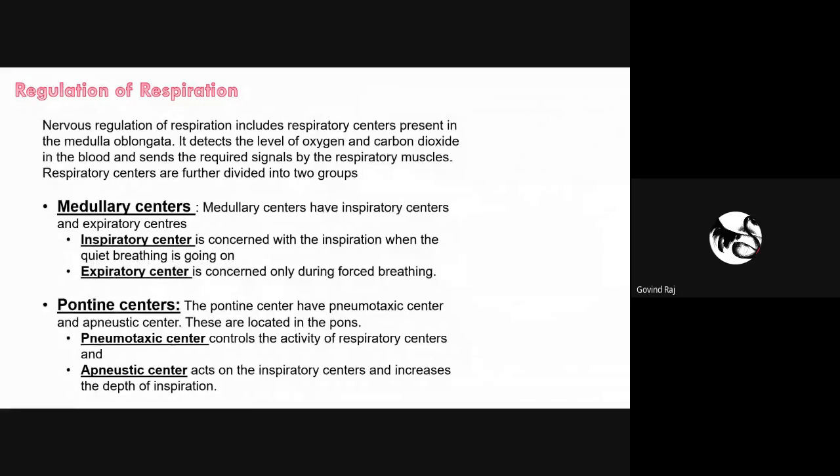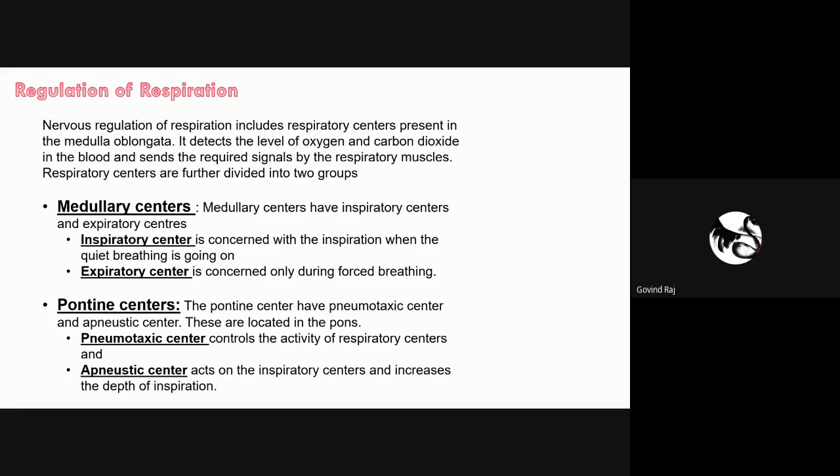When there is a requirement after tremendous exercise, when we are using a higher amount of energy, then we need more oxygenated blood in the tissues, so we expire or inspire forcefully.